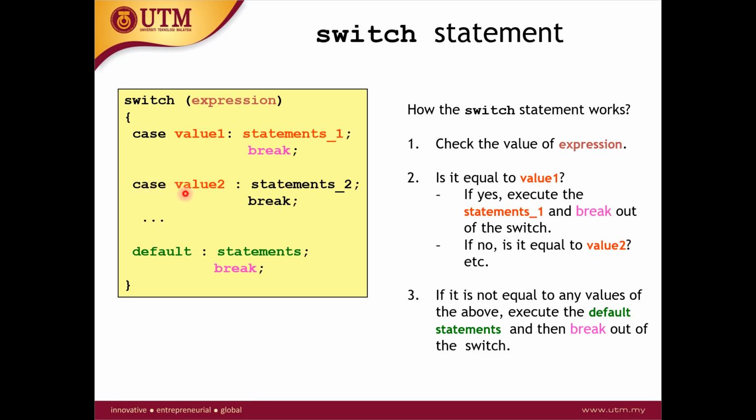Is it equal to value 2? If yes, this one is going to be executed, and then it goes to the end of the switch. If it is neither value 1 nor value 2, what's going to be executed? The default statement. Whatever is written here is going to be executed, and then break, and it goes to the end of the switch statement.